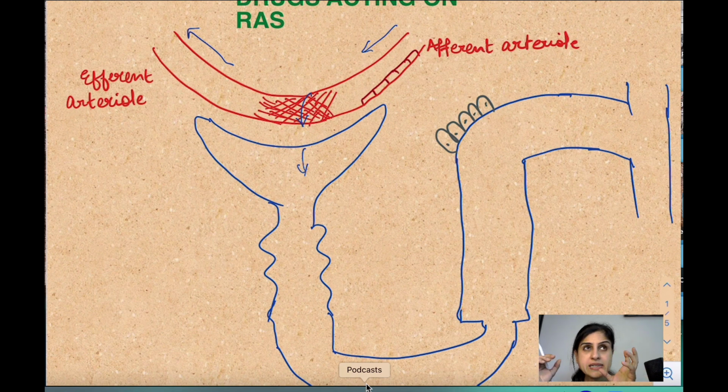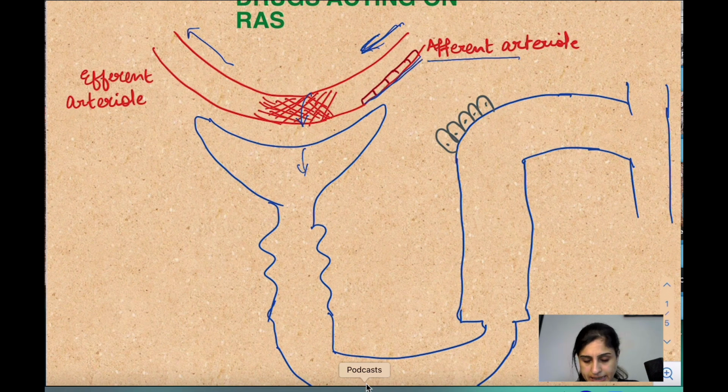Now what is the role of renin here, and from where is it actually secreted? So see, renin is secreted from the juxtaglomerular cells of the kidney. Now what are these here? This is the afferent arteriole here, and the blood is coming through this. Now there are certain cells which are present here.